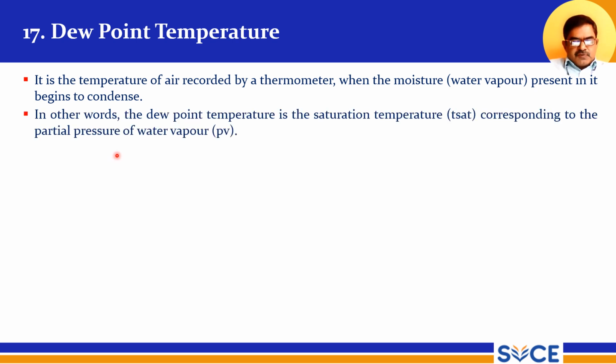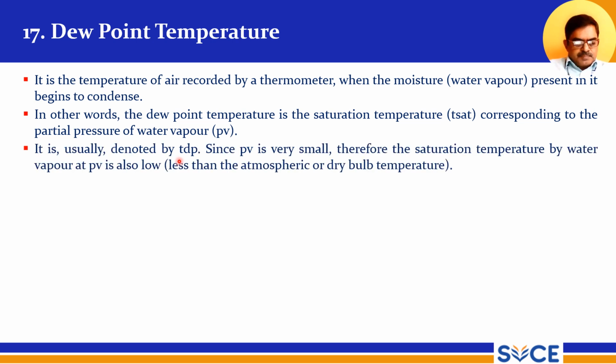In other words, we can say the dew point temperature is the saturation temperature Tsat corresponding to the partial pressure of water vapor, that is PV. It is usually denoted by TDP.